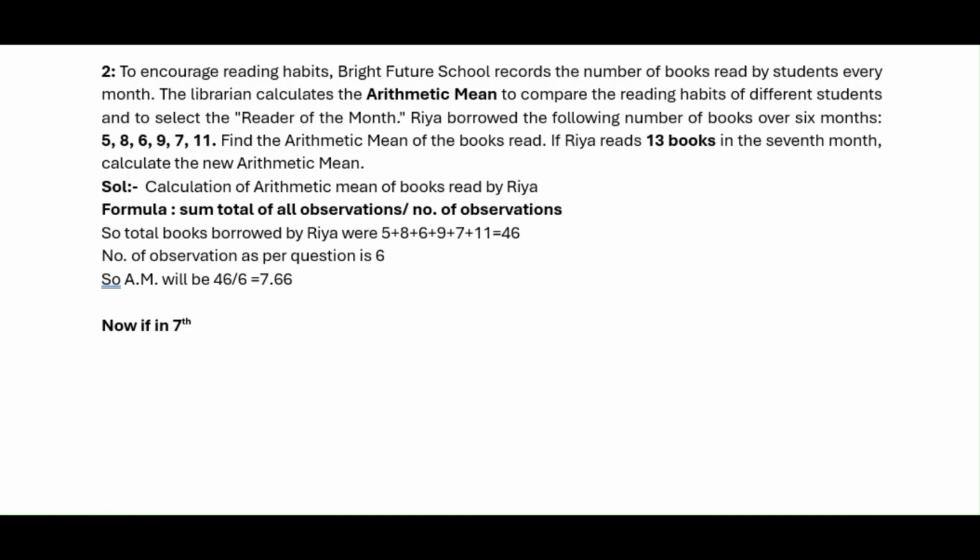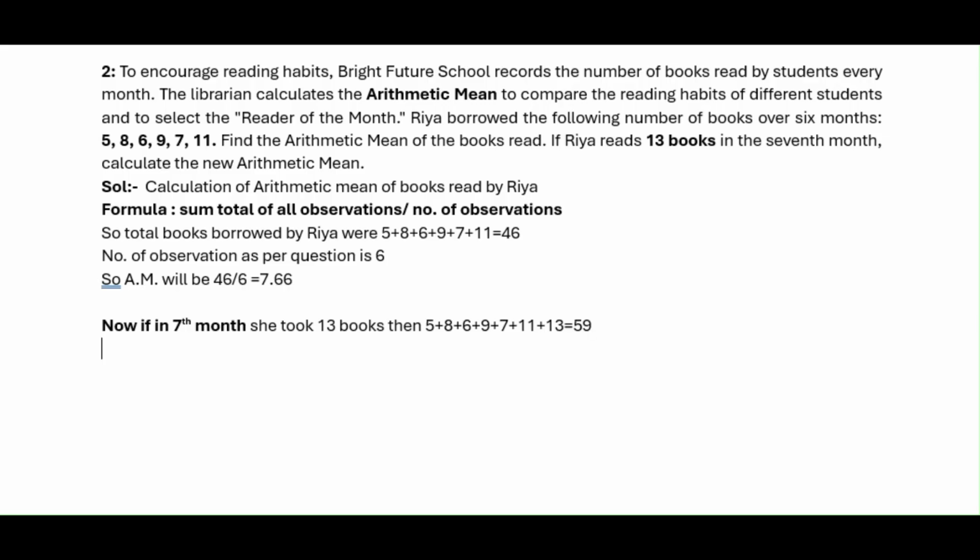If in the 7th month she took 13 books, then 5 plus 8 plus 6 plus 9 plus 7 plus 11 plus 13 will make 59 books, which she must have read in the 7 months, as the question is saying.